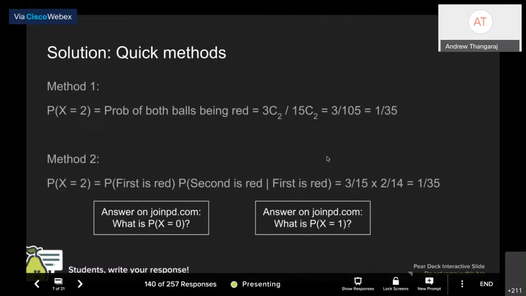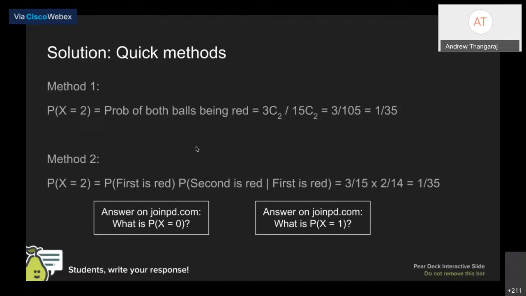Okay, so somebody wants method 2 for x equal to 1. So how would we do that? That's a bit more complicated, right? You'll have to think of writing the event x equal to 1 in a more complete fashion. So it will be not red and red, or red and not red, isn't it?